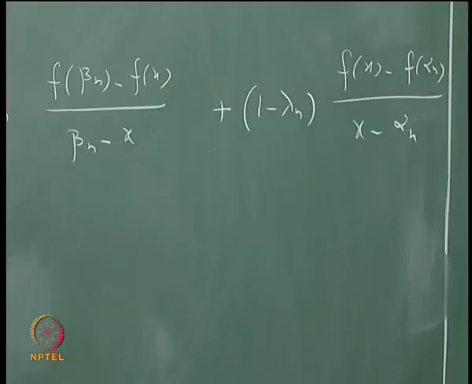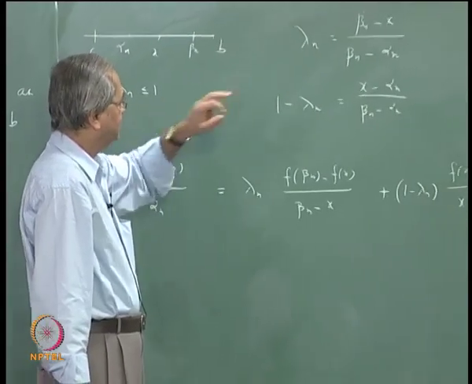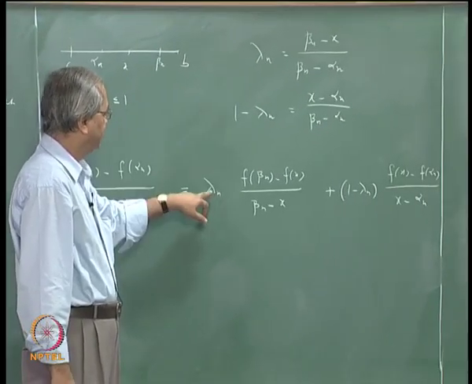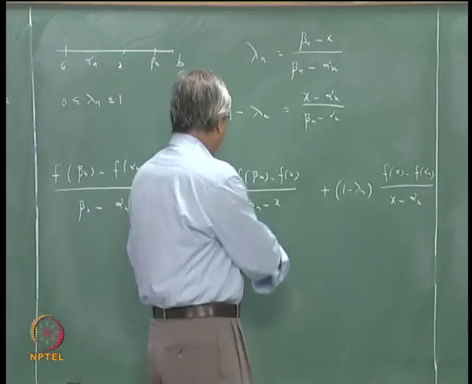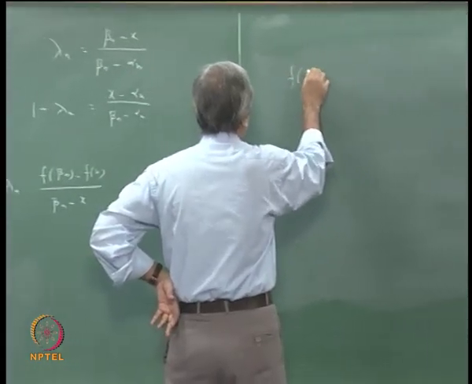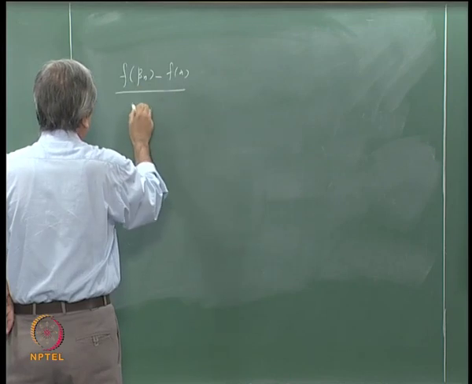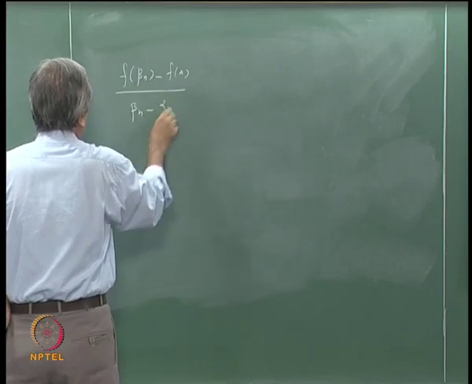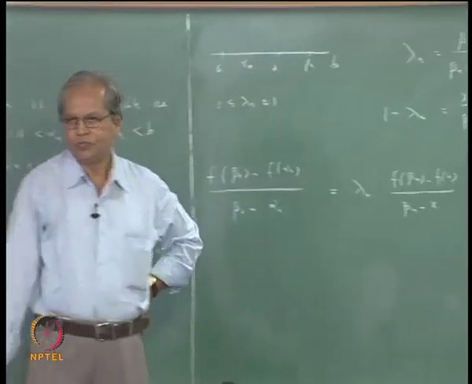This is fairly elementary. All that you need to do is put this value of lambda_n. Suppose you take lambda_n and multiply it to this, what you will get is (f(beta_n) - f(x)) divided by (beta_n - alpha_n).